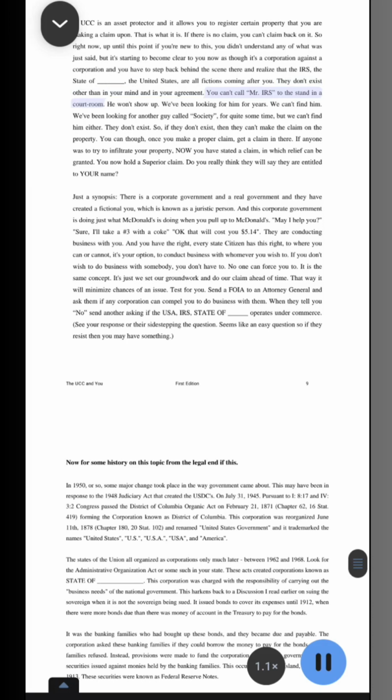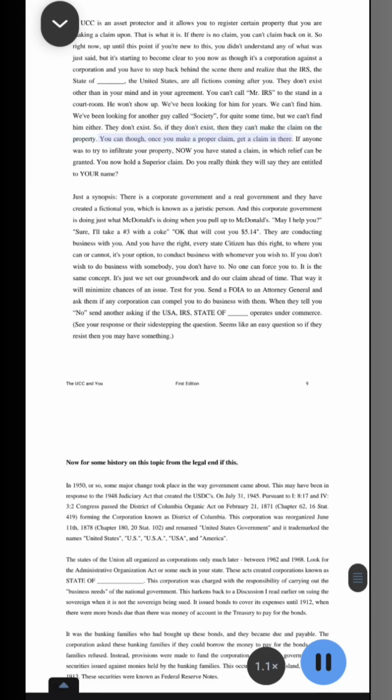You can't call Mr. IRS to the stand in a courtroom. He won't show up. We've been looking for him for years. We can't find him. We've been looking for another guy called Society for quite some time, but we can't find him either. They don't exist. So, if they don't exist, then they can't make the claim on the property.